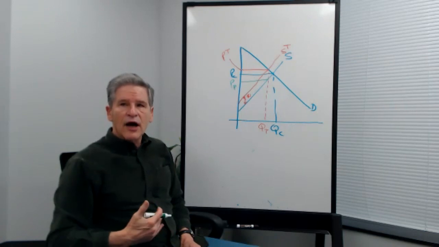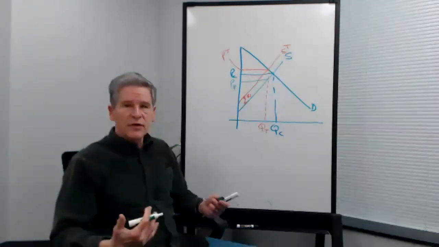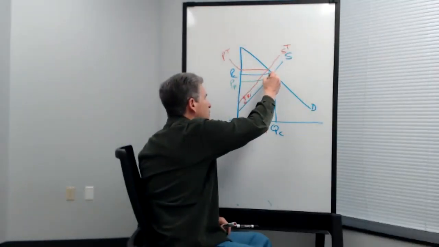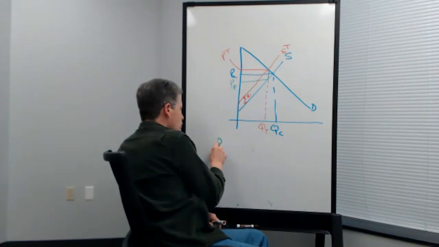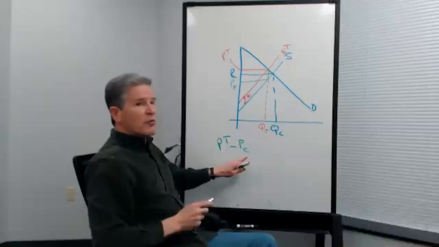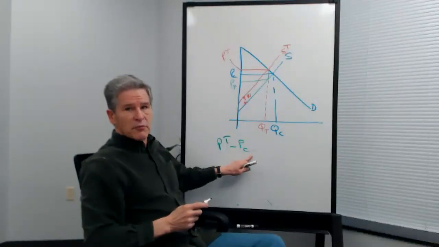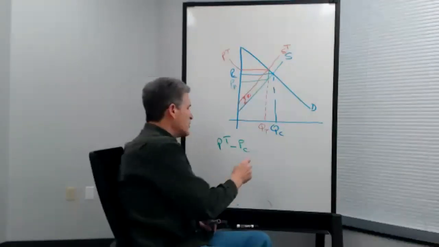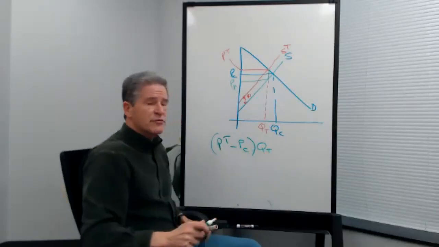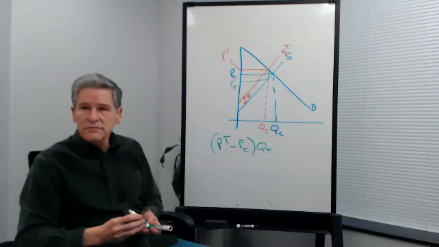Okay. Now, who effectively paid the tax? Consumers are paying a portion of the tax, and you figure out the consumer's portion by taking PT minus PC. They were paying PC before, they're paying PT now, and they're buying QT units. That's what consumers are paying.